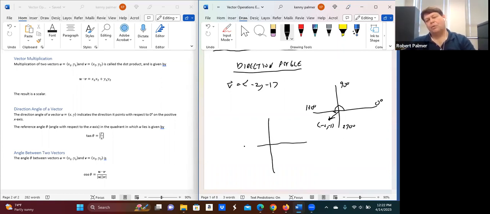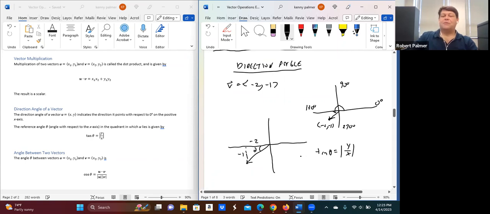Let me enlarge this a bit. In this quadrant, quadrant 3, we have these lengths. This is -2, this is -1. What we want to find is this theta, which is a reference angle. The tangent of theta is the absolute value of y over x. We use the absolute value to always have a positive value, regardless of which quadrant you're in.